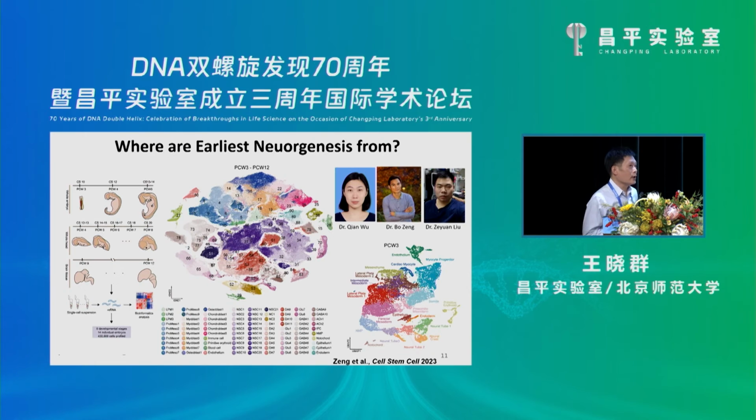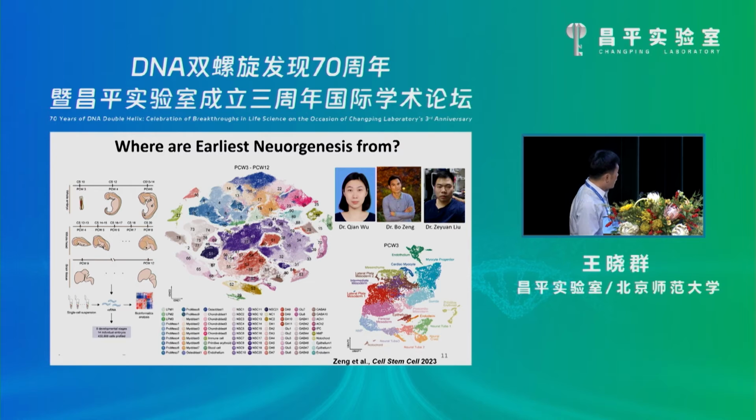We received generous donations with consent letters. We collected early embryos from Carnegie stage 10 to Carnegie stage 12, and we did a whole bunch of single-cell RNA-seq. This work was inspired by Fuchou Tang and also Sunny.